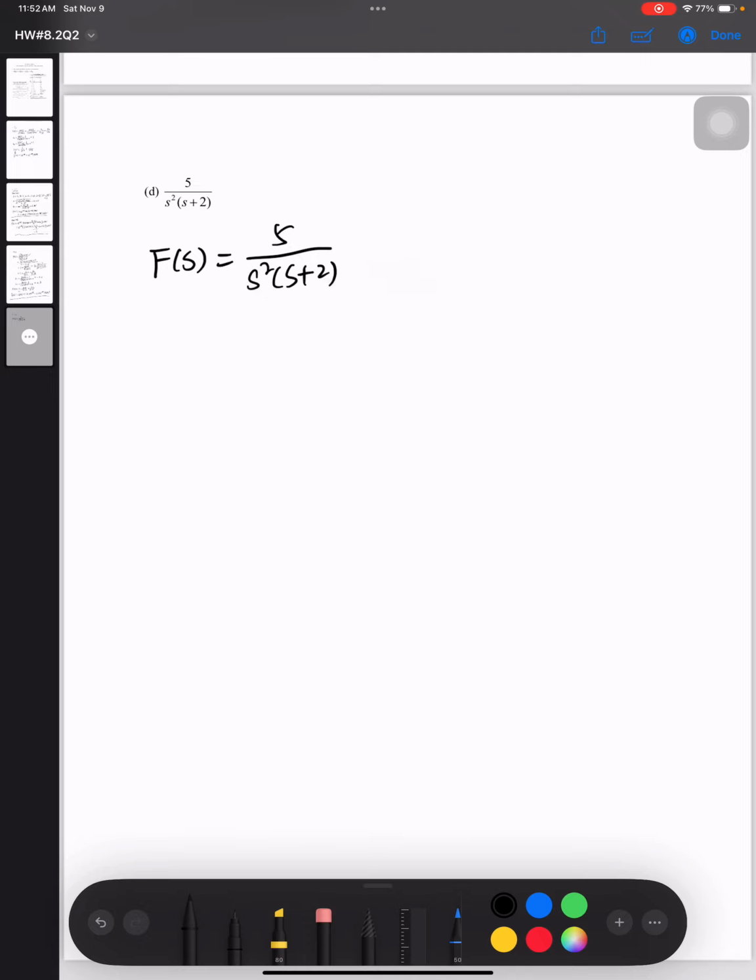First, we can write this as k1 over s plus k2 over s squared, plus k3 over s plus 2. If we multiply them together, we can cancel out the squares, so it's only s.